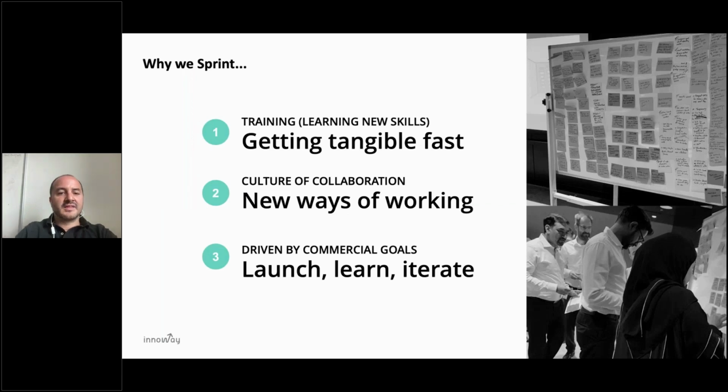Well, first of all, you need to understand that the design sprint goes beyond just the practical approach of 1 week of fast experimentation, testing, and validation. And you can get tangible results fast.